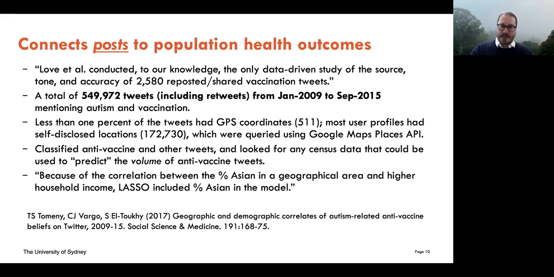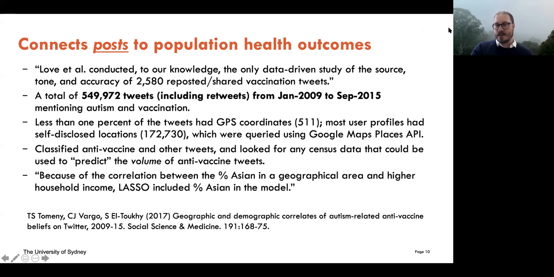And then they tried to look at areas in the United States. I say areas rather than counties because they used an unusual definition that would help them connect the information from Twitter to census data.